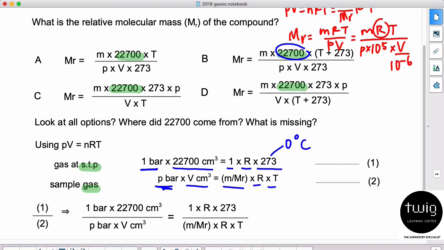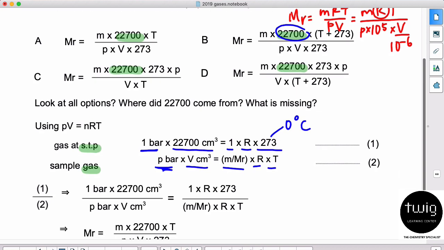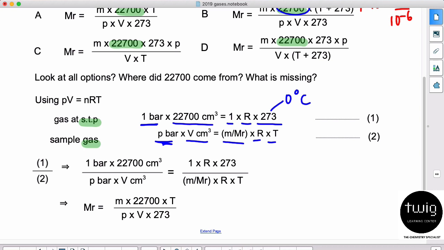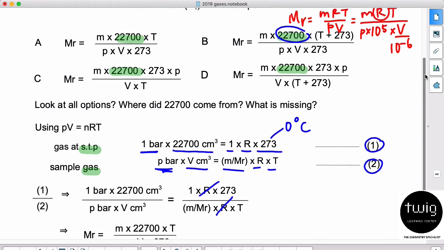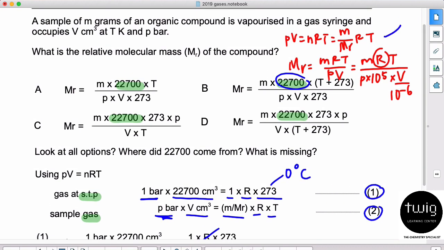Then you do equation 1 divided by equation 2, and you notice a few things can cancel. R can cancel out. You manipulate and you get the answer. This question has very little concept; it is about learning how to manipulate. Do you know why they want to do that? If you use only PV = nRT, you are assuming 100% that it is an ideal gas.